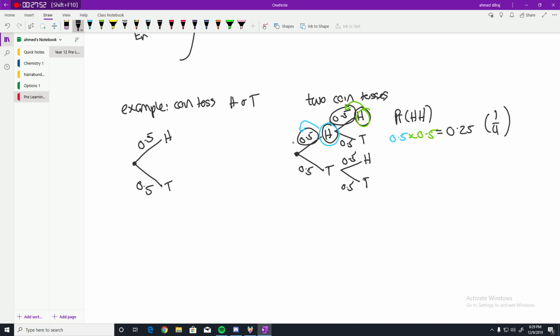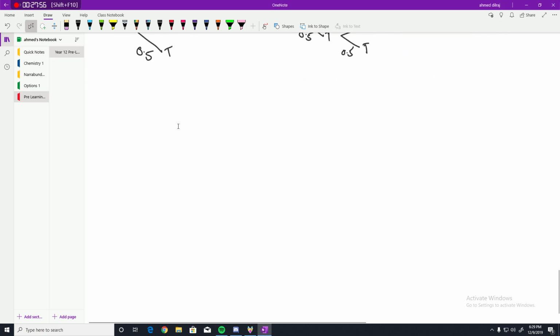So let's try drawing a tree diagram. However, I'm not gonna make it that easy for you guys, right? So can you guys draw, I'll use red, draw a tree diagram, and make sure you give a lot of space for this because it's a big tree diagram.